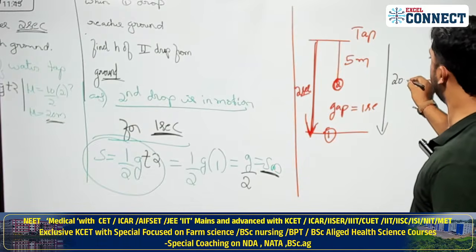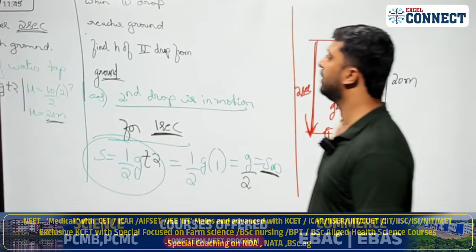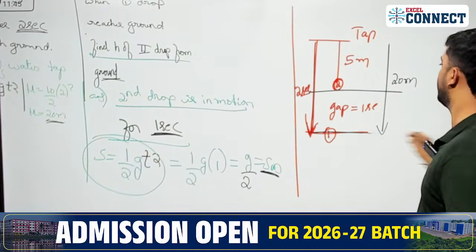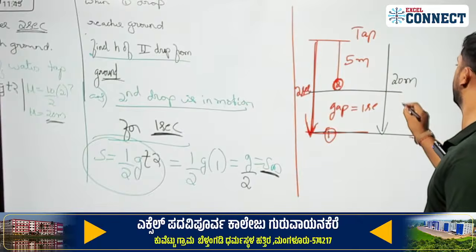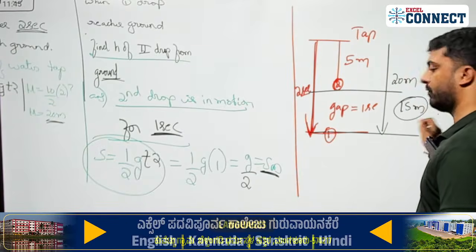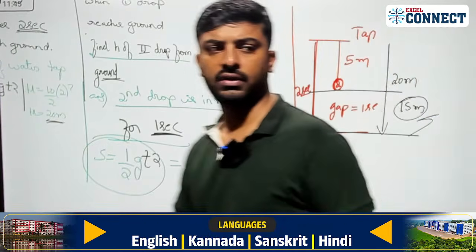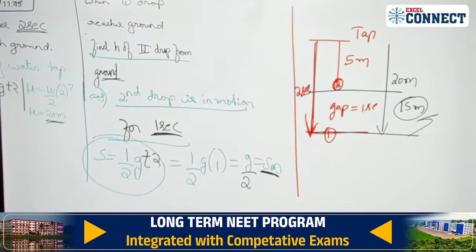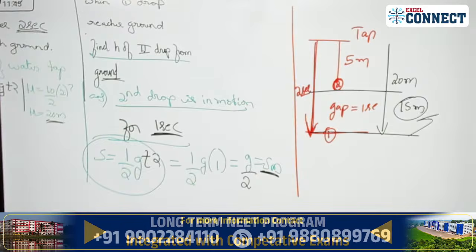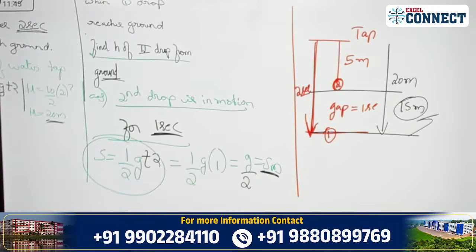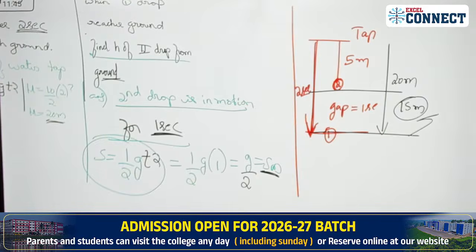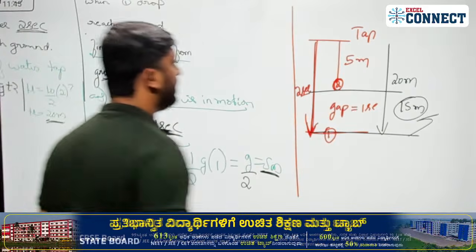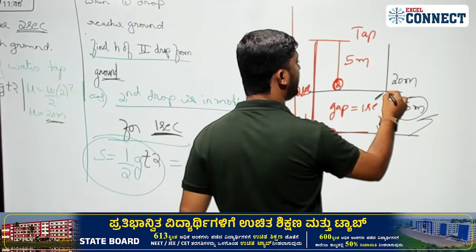But they have asked us to find the height of the second drop. So what is the distance here? It is 20 minus 5. The answer is 15 meter. So what is the height of the second drop from the tower?